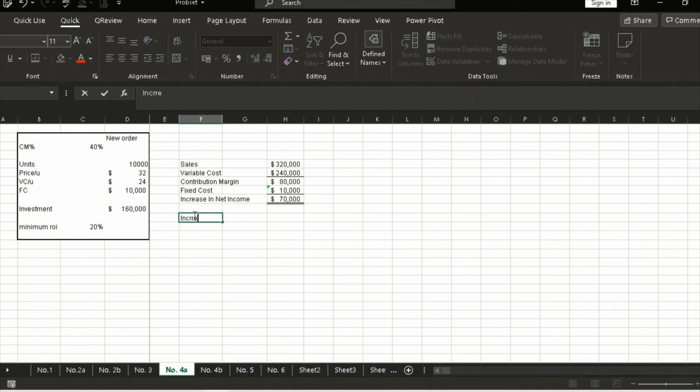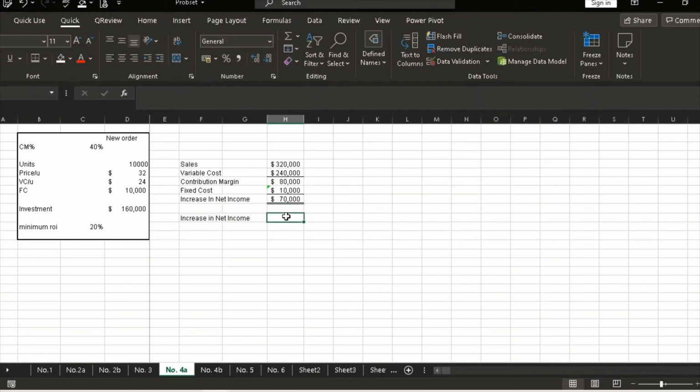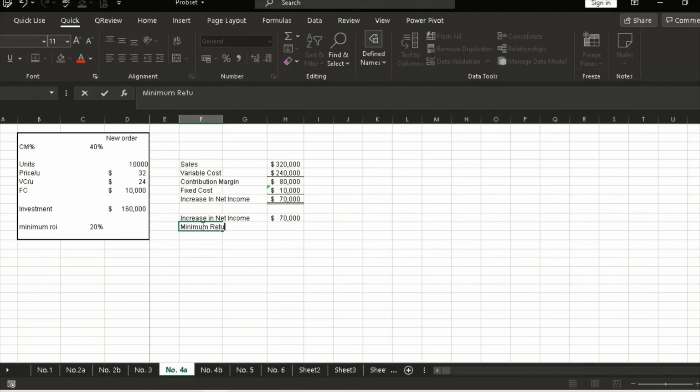And from the increase in net income, we're going to deduct the minimum return. To compute for the minimum return, we have to multiply the minimum ROI of 20% by the investment of 160,000.